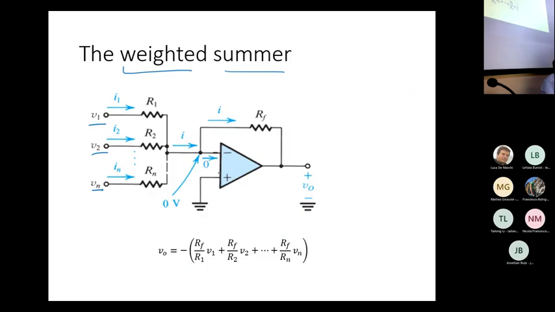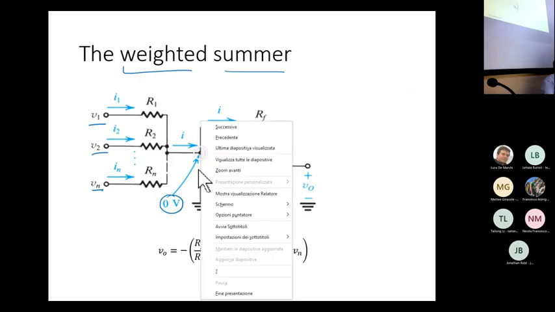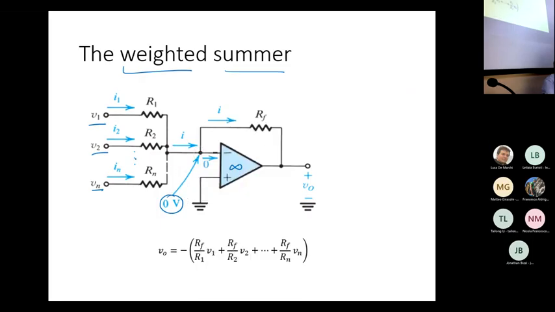Okay, so if you assume again the virtual short circuit, thanks to the assumption of infinite gain, then you have this node at 0, and you can estimate the current I as the combination of V1 over R1 plus V2 over R2 plus, for each source, Vn over Rn.